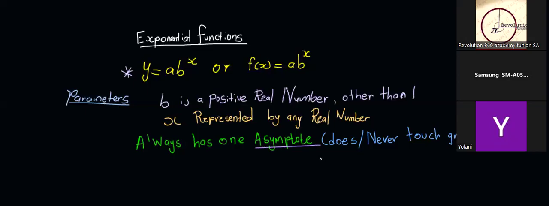Let me just write that. An asymptote is always shown using dotted lines. I'm going to show you what an asymptote is.